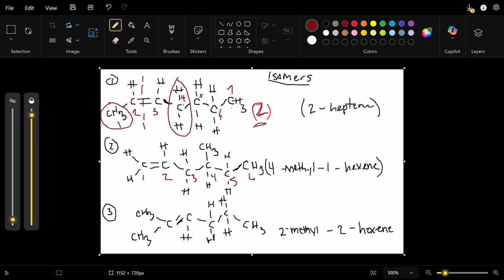In this case, you have two of the same thing, a hydrogen on both sides. So I don't think Z or E would apply, because you can't figure out if it's Z or E if one side has the same group. So I didn't add anything for that one.